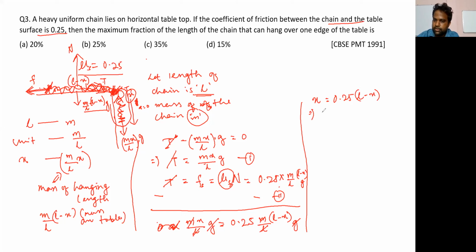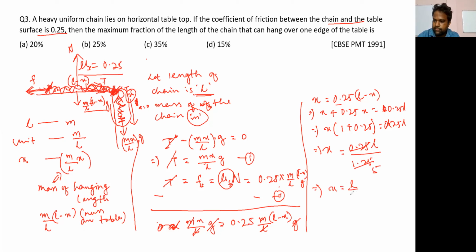Or you can write x is equal to 0.25 L minus 0.25 x, I'll bring plus 0.25 x to the left, so x plus 0.25 x is equal to 0.25 L. Taking x common, x into 1.25 is equal to 0.25 L. So x is equal to 0.25 L divided by 1.25. Cutting, x is equal to L upon 5.